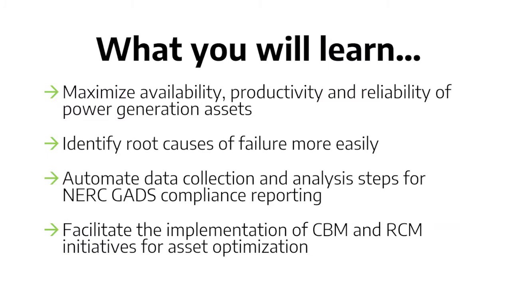This webinar will teach you about how RtDUET can maximize availability, productivity, and reliability of power generation assets, identify root causes of failure more easily, automate data collection and analysis steps for NERC-GADS compliance reporting, and facilitate the implementation of CBM and RCM initiatives for asset optimization.